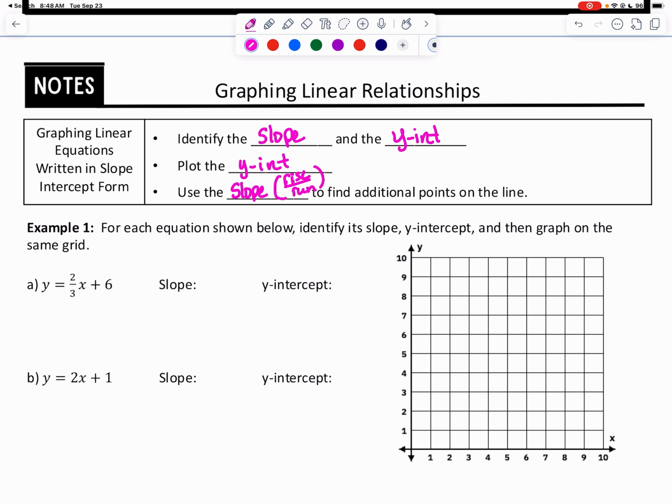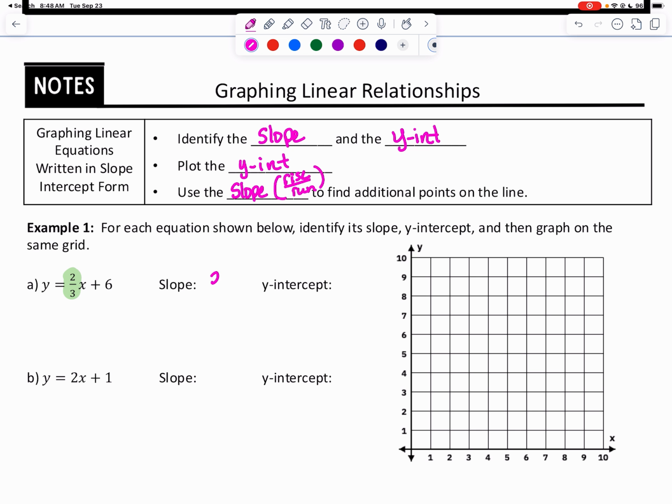In example 1, it says for each equation shown below, identify its slope, y-intercept, and then graph on the same grid. In problem A, our equation is in slope-intercept form, y equals 2/3 x plus 6. As a reminder from our previous lesson, the slope is the coefficient of x.